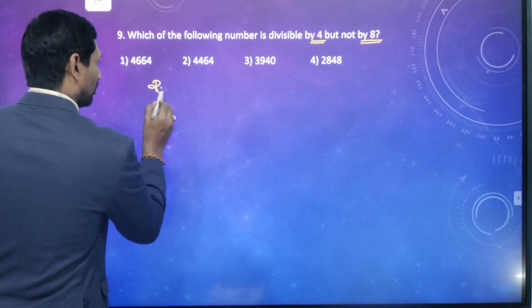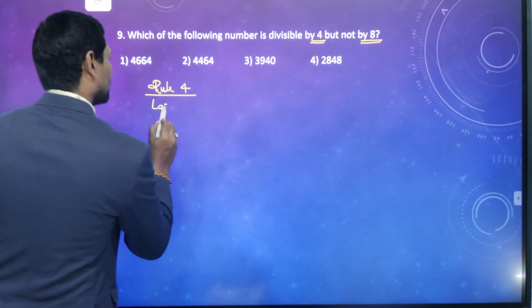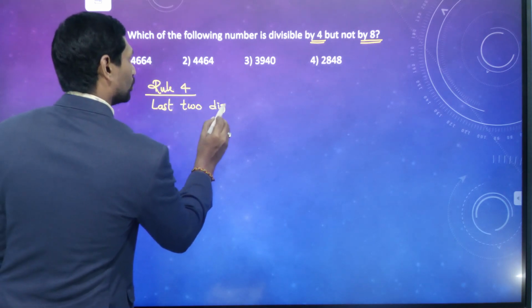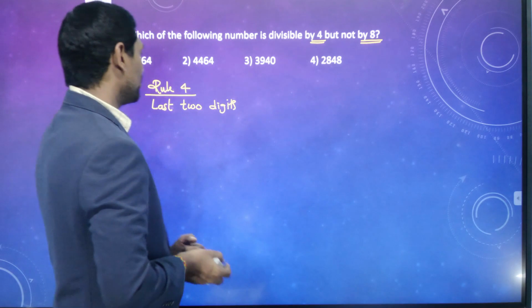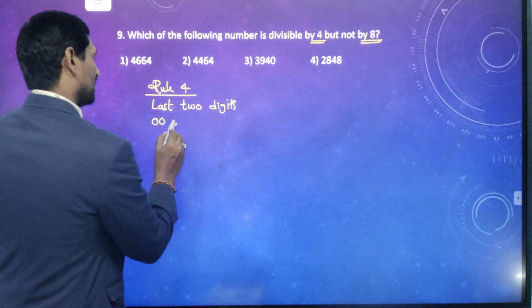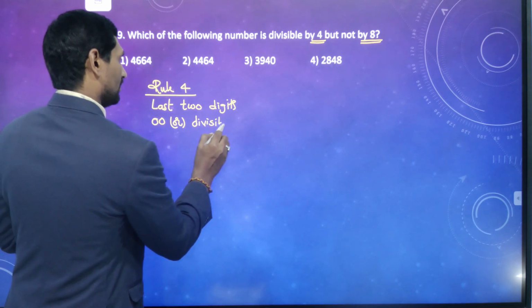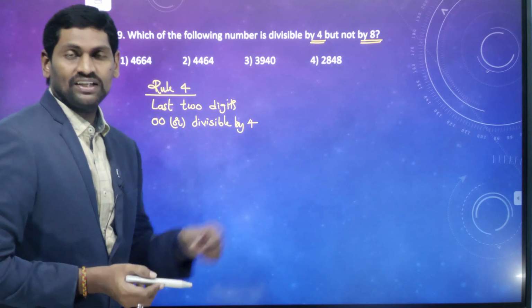Rule number 4 is nothing but the last two digits of a number. If they are zeros or multiples of 4, or divisible by 4, then the entire number is exactly divisible by 4.